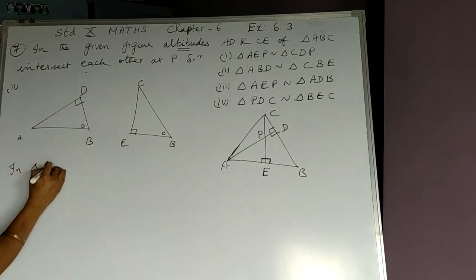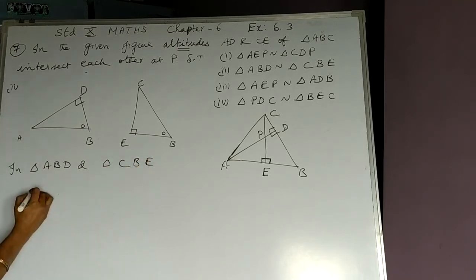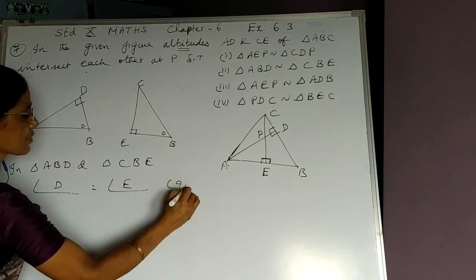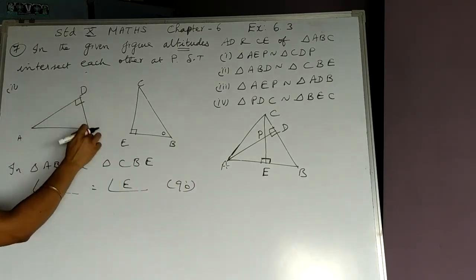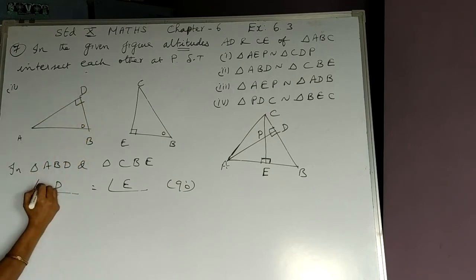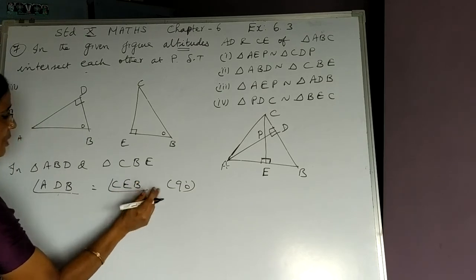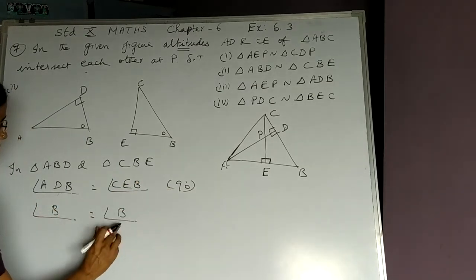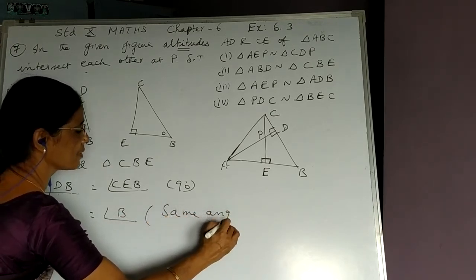So, in triangle ABD and triangle CBE, angle D is equal to angle E. The result is 90 degrees. How do we write angle D? It can be written ADB or we can write BDA. ADB, this angle is CEB, 90 degrees. Angle B is equal to angle B. This you are finding in both the triangles, called the same angle or common angle.